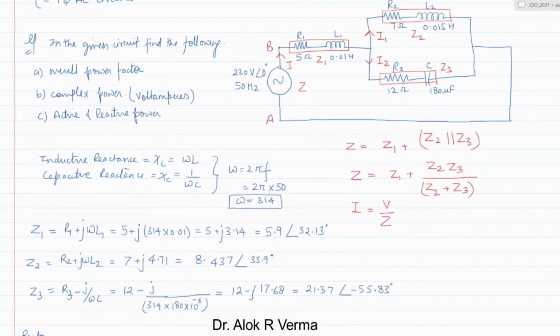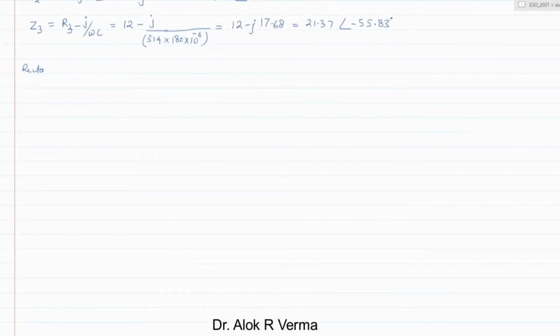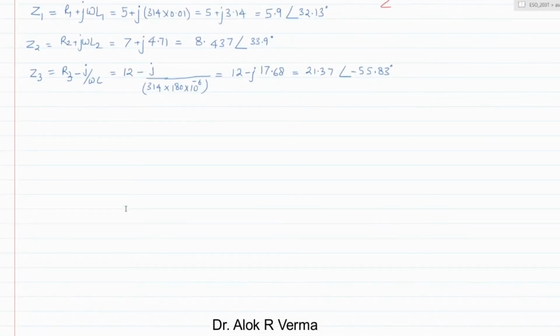Now the total impedance which is being offered between the terminal A and B. In this case, if we try to find the total impedance, it is given as Z1 plus Z2 Z3 by Z2 plus Z3.